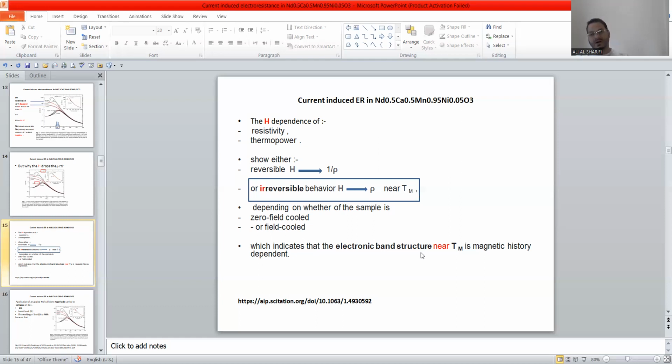This is a little bit important, which indicates the electronic band structure near the metallic insulating transition is magnetic history dependent. All of this information is from this link.